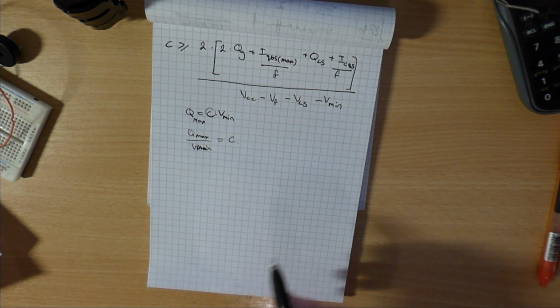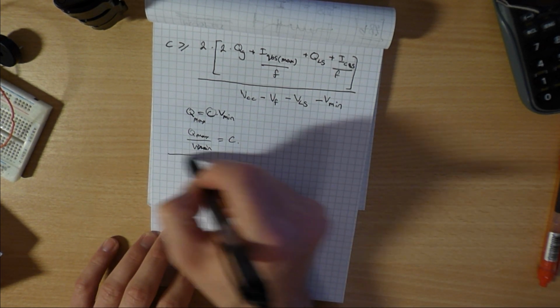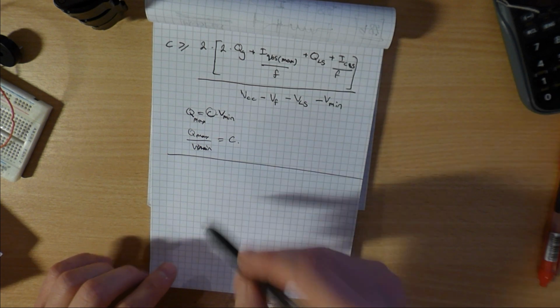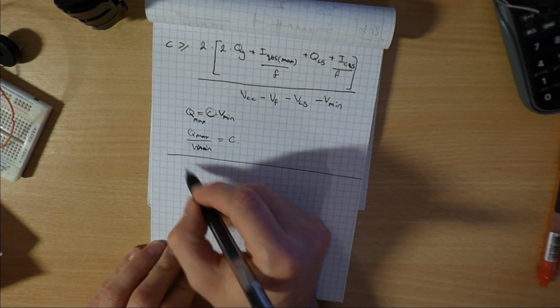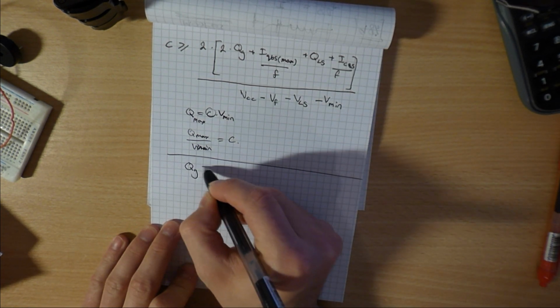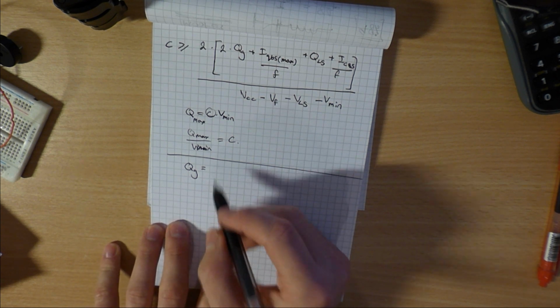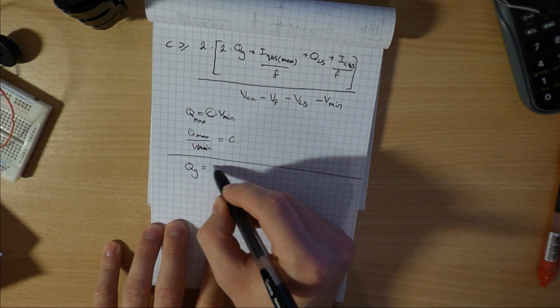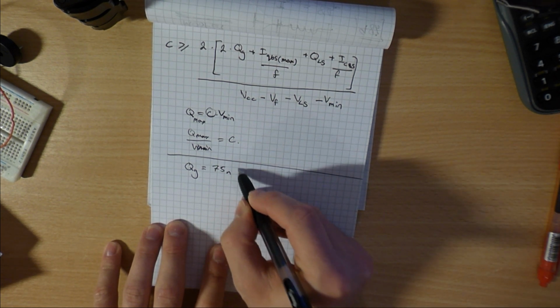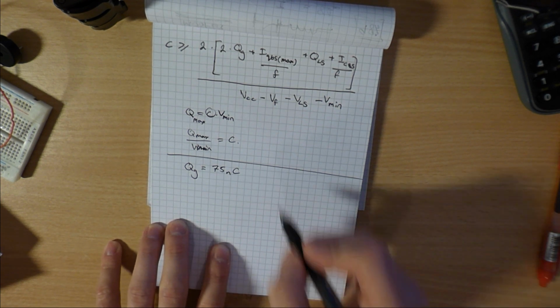If we just take the parameters out of this, I can explain them as I go along. Qg is the total gate charge needed for the IGBTs that I'm using. That's 75 nanocoulombs.